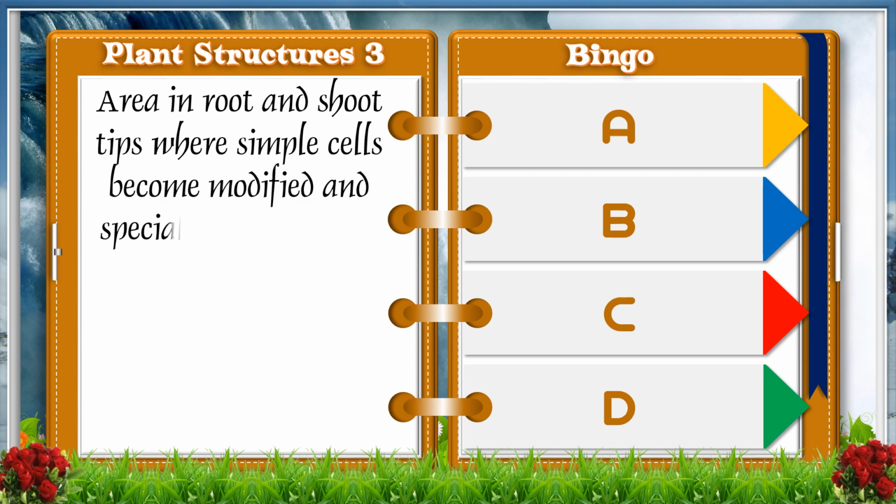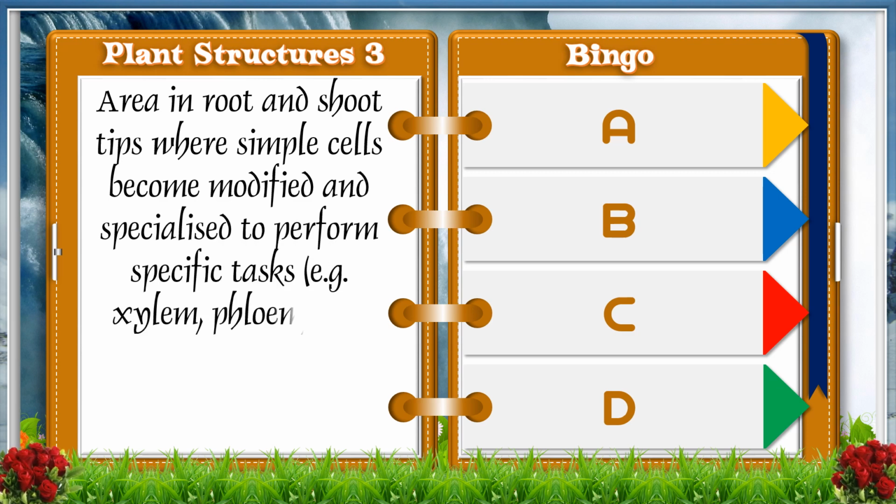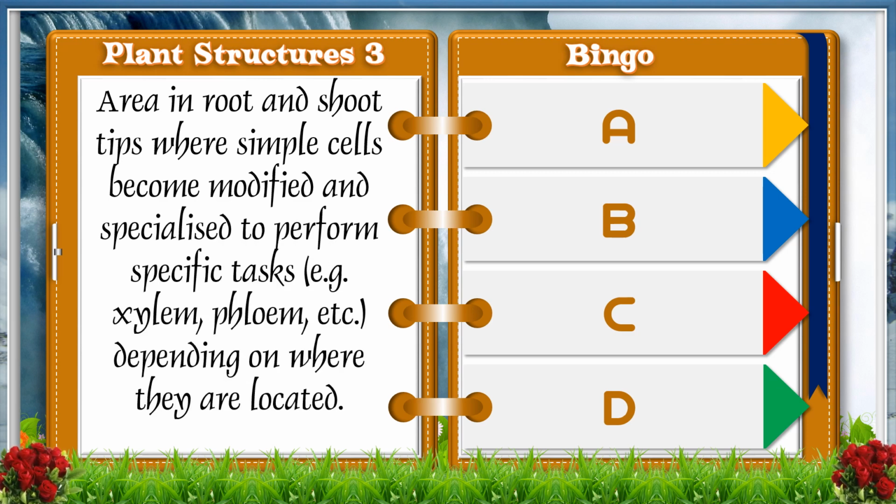Area in root and shoot tips, where simple cells become modified and specialized to perform specific tasks. For example, xylem, phloem, etc., depending on where they are located.